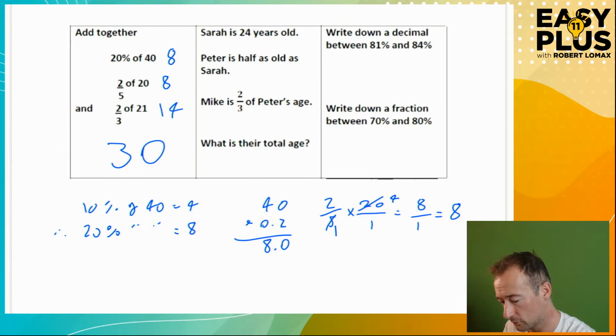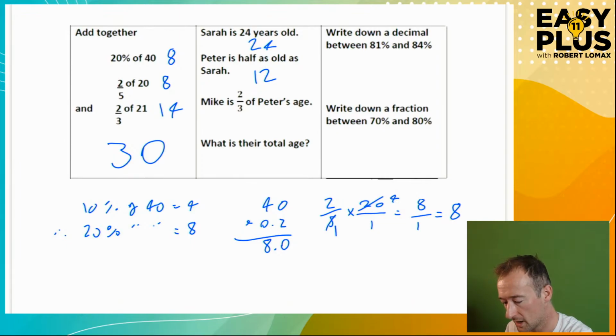Sarah is 24 years old. Peter is half as old as Sarah. Mike is 2/3 of Peter's age. What is their total age? We're not just going to see the answer leaping out here unless we are geniuses. Of course you all are, so you already see it, but I need to work it out. Sarah's 24. Peter is half as old as Sarah: 12.